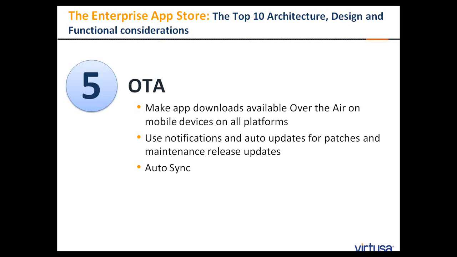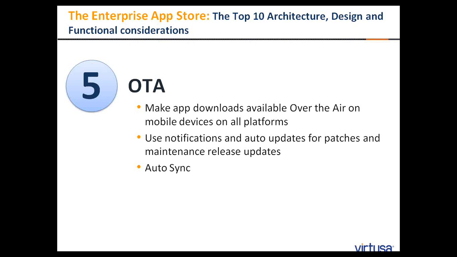And if an application is withdrawn from the application store, they should get a notification, and the administrator should be able to retire the application from the devices using the OTA communication mechanism. People should get notification and auto updates for patches and maintenance releases.